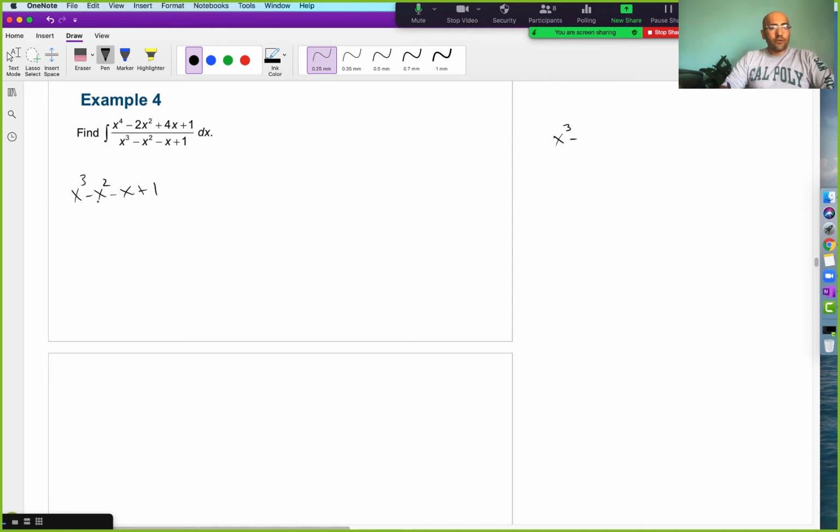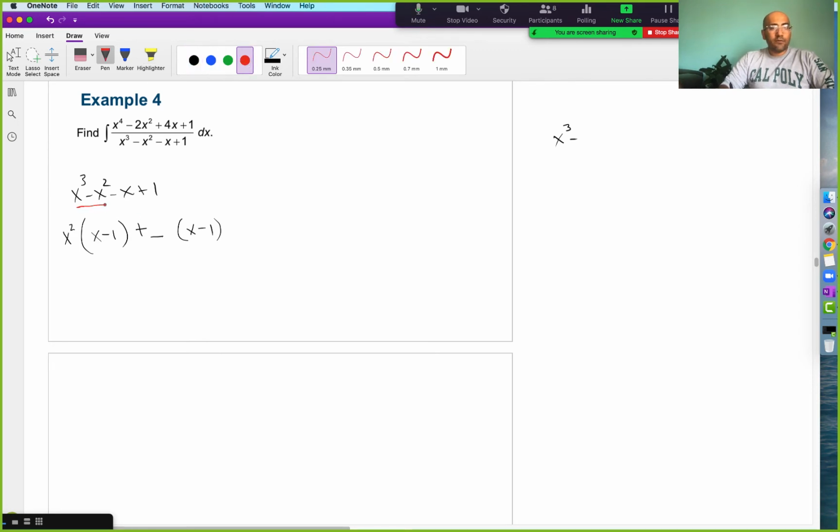So there are 4 terms. My first thought is maybe do a factor by grouping, see if that works out. So if I factor out an x squared from those first 2, I get an x squared times x minus 1 plus blank copy, right? That's how we do factor by grouping.